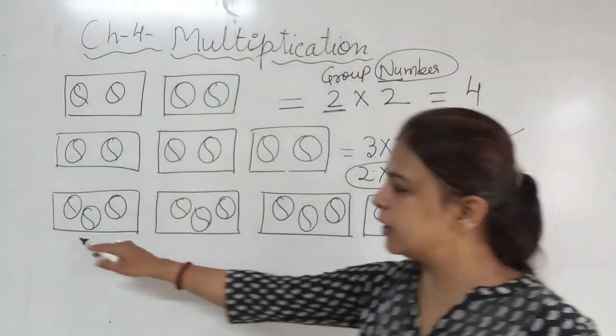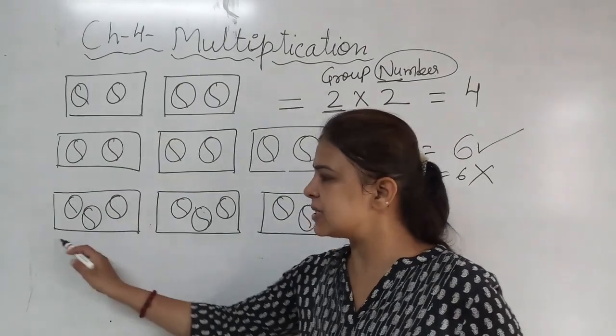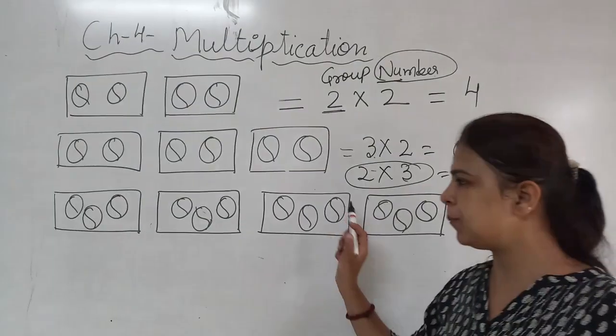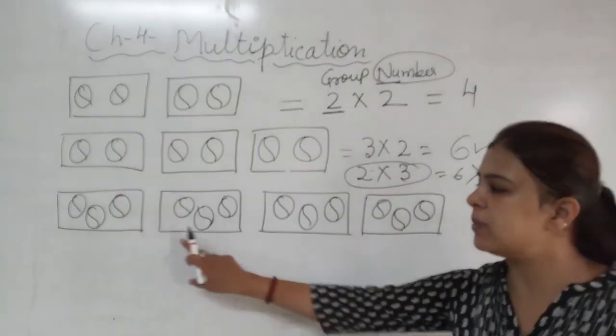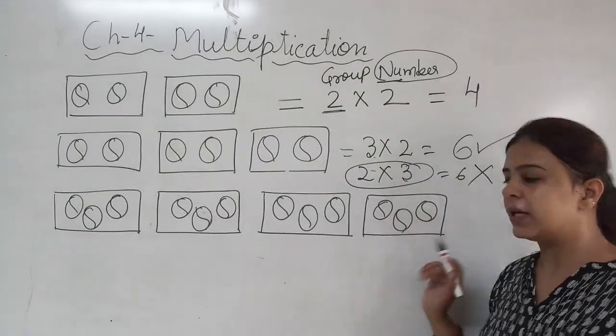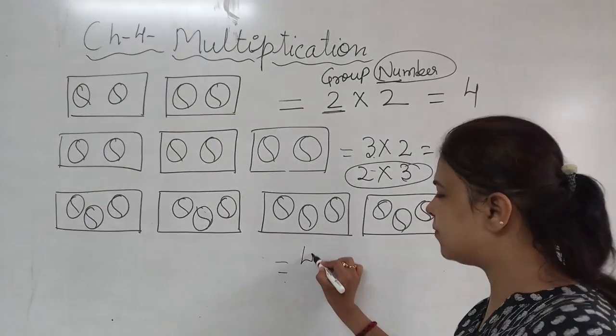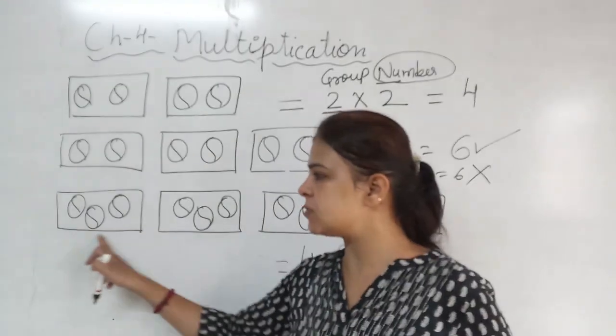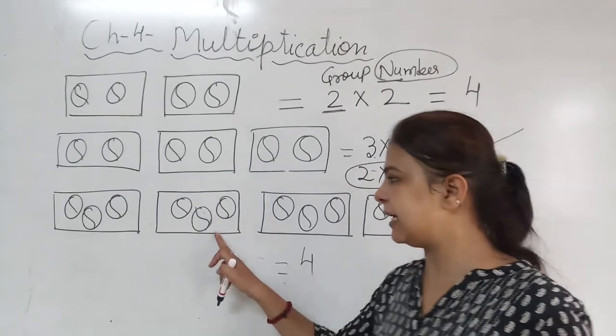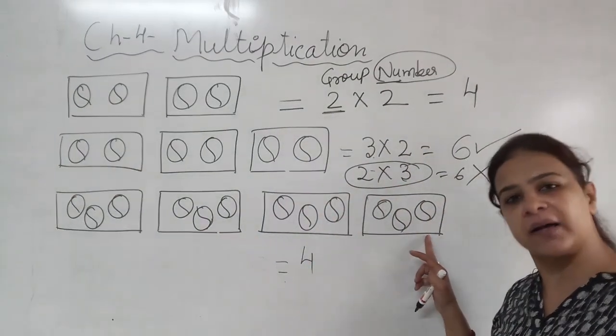Okay. Now coming to the third example. See, this is one group, 2 group, third group and this is fourth group. So how many groups are here? Number of groups is 4. And how many in each group? In each group, this will be 3, then 3, then 3 and again 3.